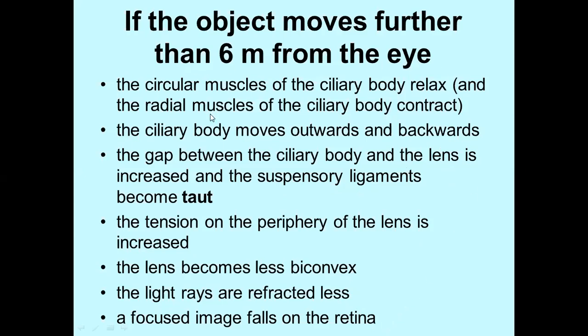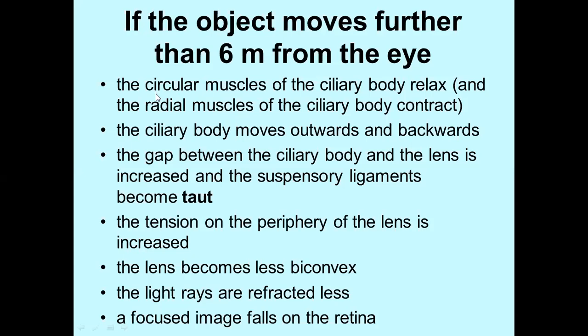I just need to warn you that many websites, many videos only talk as if there's one set of muscles in the ciliary body. They talk about the ciliary muscles. And there they are only talking about the circular ones. There are, in fact, 2 sets. They work antagonistically to each other. You need to know that the circular contract.